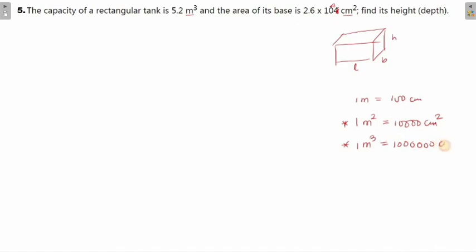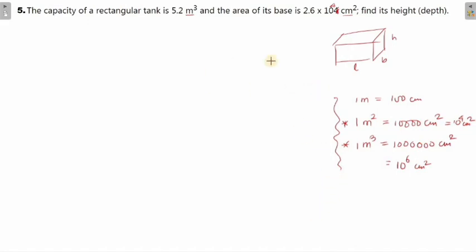Is that clear? Since you have got 6 zeros, you can write this as 10 to the power 6 centimeter cube. And you can write 1 meter square as 10 to the power 4 centimeter square. So these are the necessary conversions that we have here.